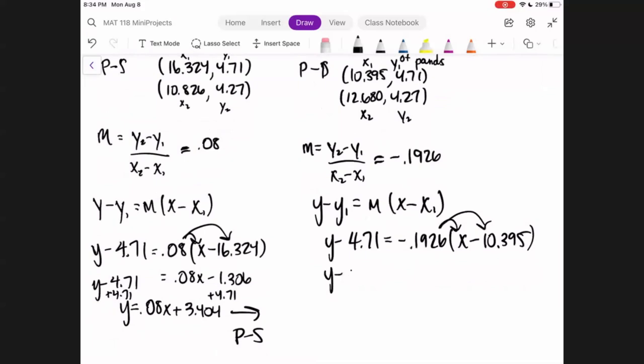Same approach, we're going to distribute our m. So y minus 4.71 equals negative 1.926x plus 2.002. And then last but not least, add over that 4.71.